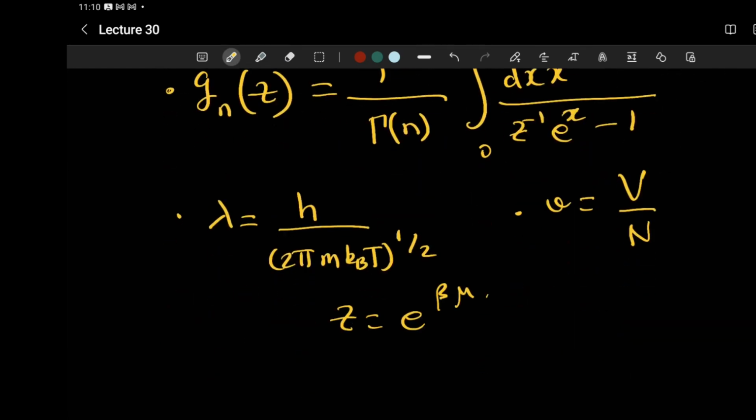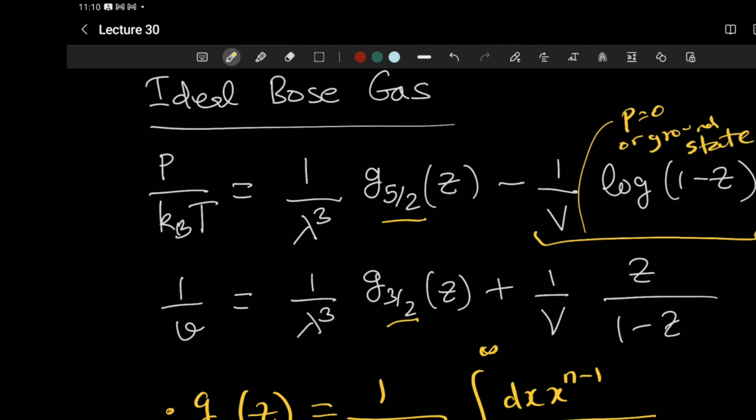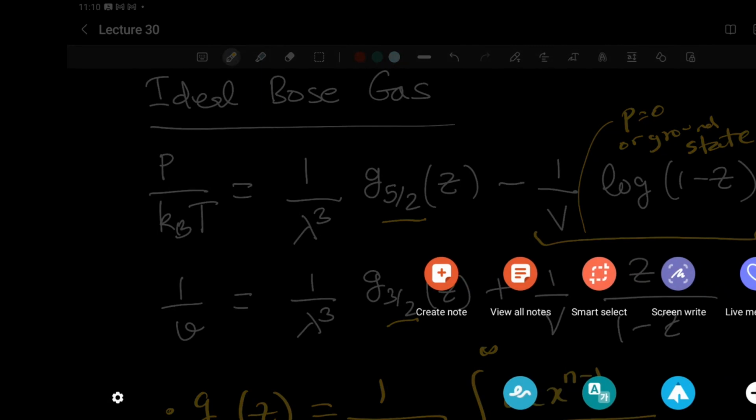Yes. Okay, so let's look at this thing again. The two extra terms are coming from the p equal to 0, or ground state, contribution, written out explicitly.